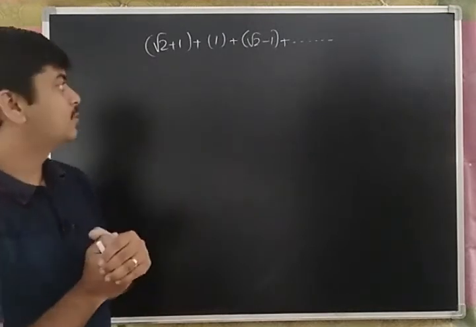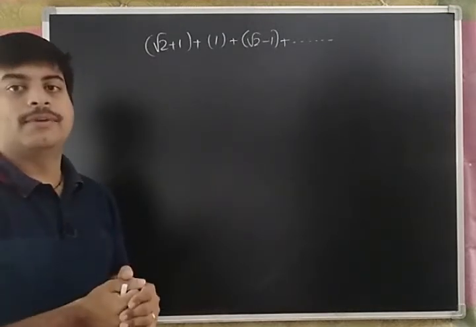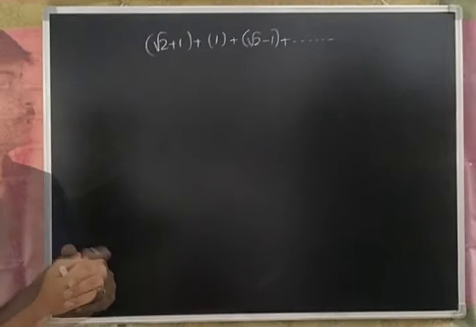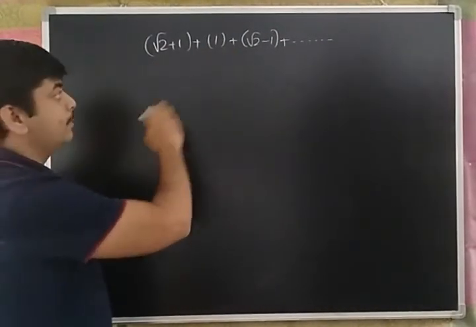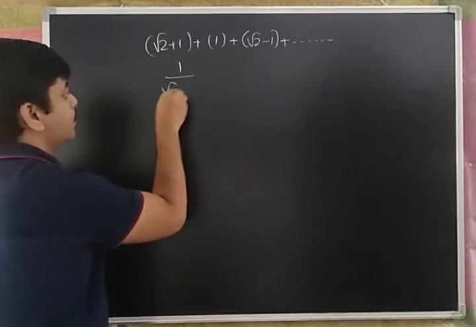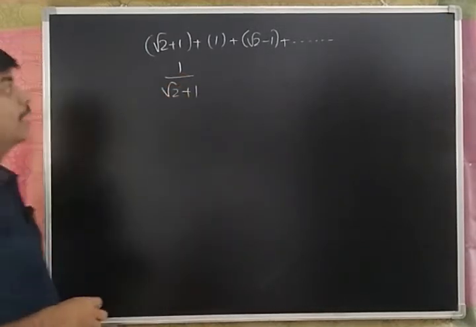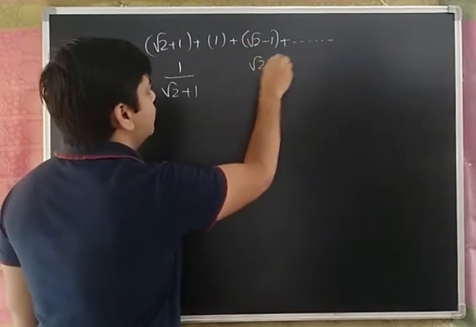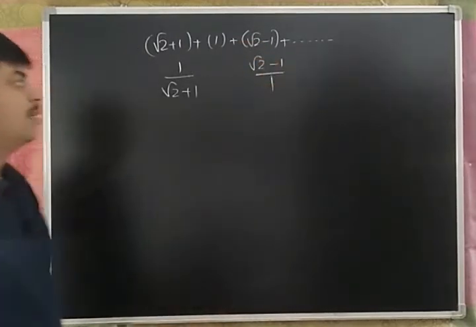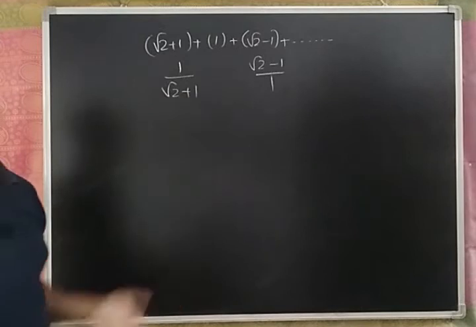We don't know that. Let us try to see the common ratio, and from there we can understand whether it is in GP or not. If you take this as the first element and this as the second element, the common ratio should be 1 by root 2 plus 1. And if you divide these two, you will get root 2 minus 1 by 1. So are these two equal? No, sir, these two are not equal. How can this be equal?